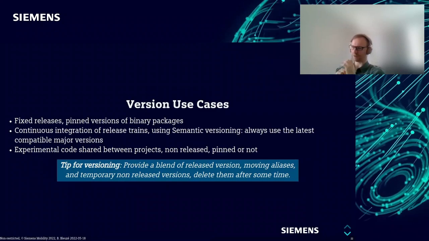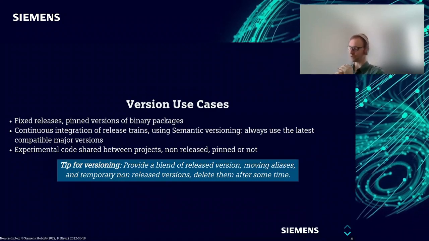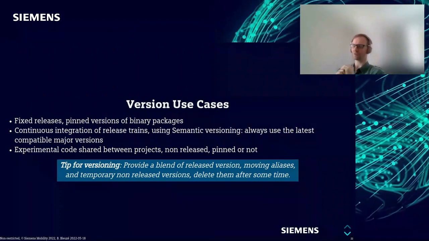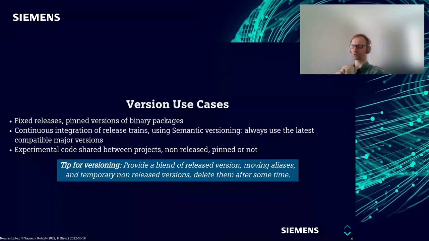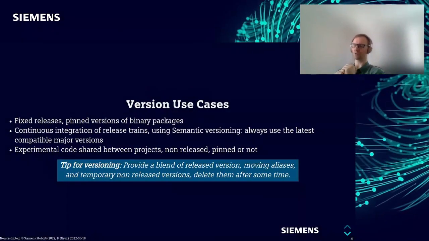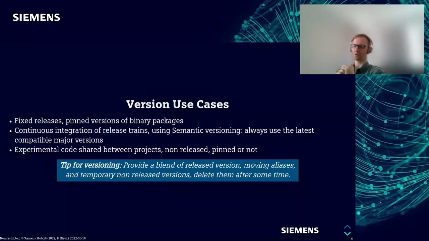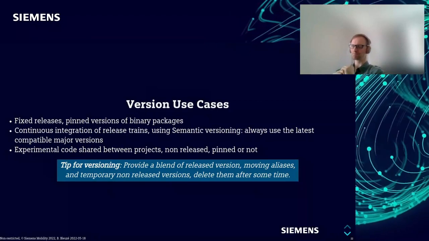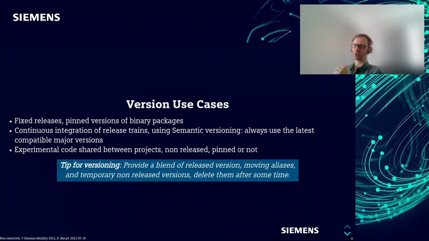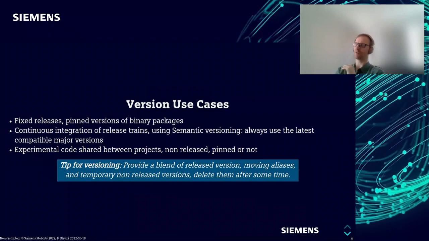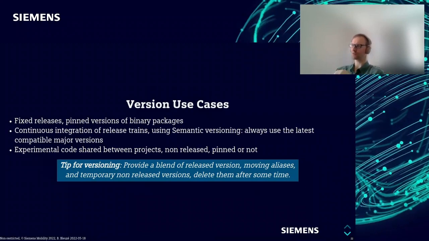Right? Let's say if you use semantic versioning, I really encourage you to use semantic versioning in C++ and use it strictly. So really make sure that your API and ABI are, let's say, broken only at certain levels of your versions, right?